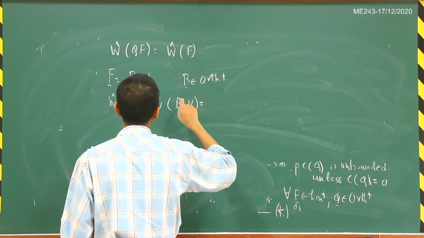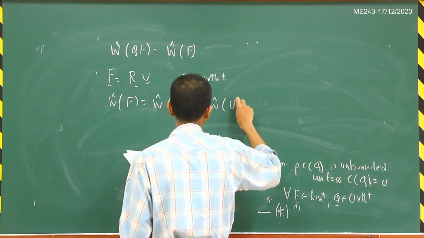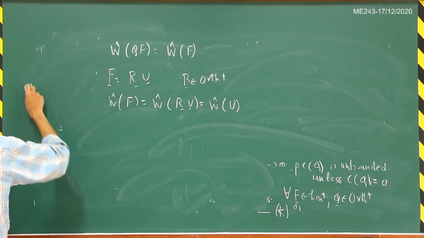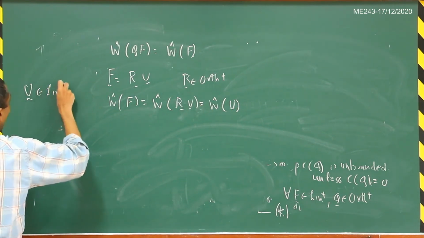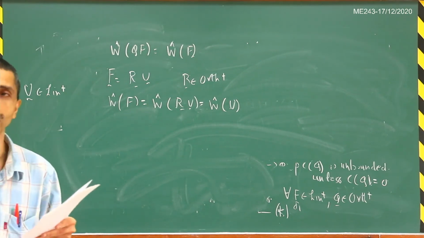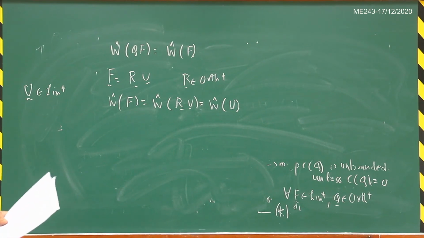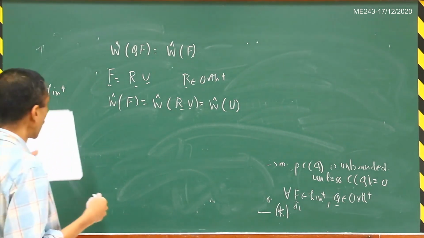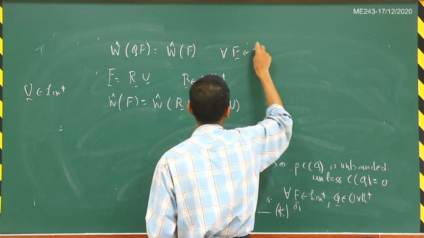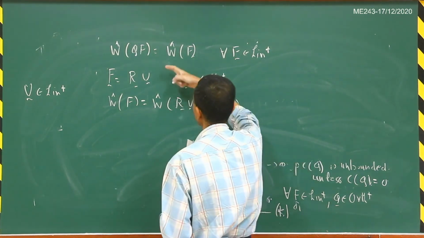And this has to be equal to w hat of u, because in this particular case u belongs to ln plus. In fact, it is positive definite. So definitely the set of positive definite tensors is a subset of ln plus, and so we can apply this particular theorem. This holds for all f belonging to ln plus, and u definitely belongs to this set, so I am just applying it to that u.